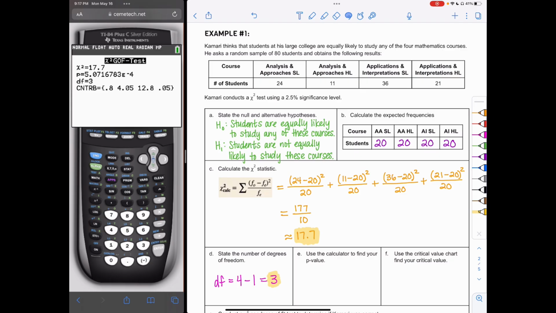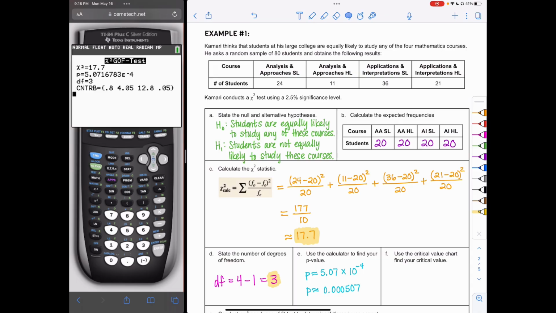I end up confirming that indeed 17.7 is my chi-square statistic, and then I can see that my p-value is approximately 5.07 times 10 to the power negative 4, or I can just rewrite it as 0.000507 in regular decimal form.